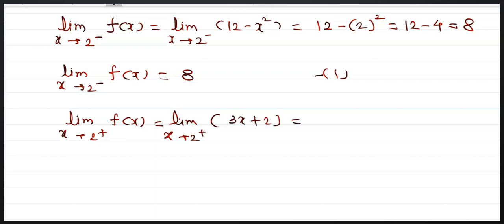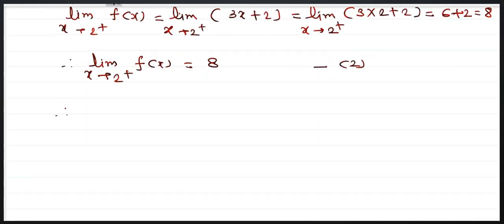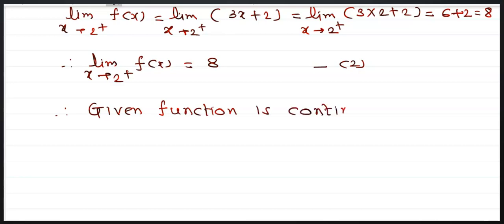Its answer is again 8. Left hand side limit is equal to the right hand side limit. The given function is continuous. The limit exists and it is continuous at x equals 2.